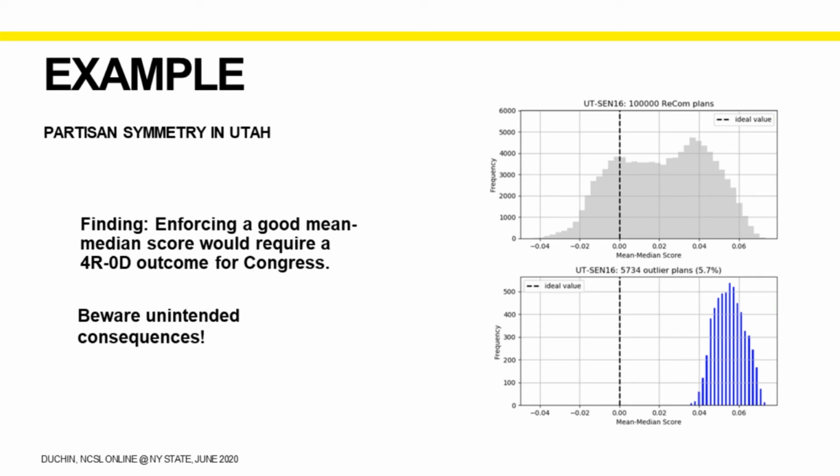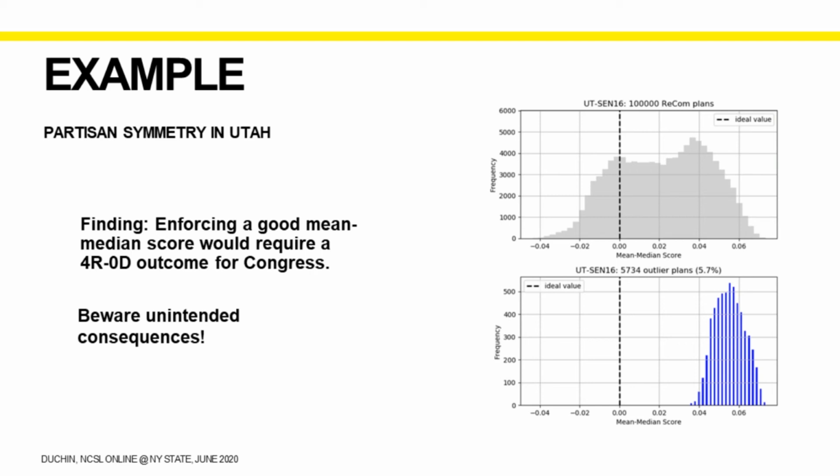Last example: Utah just passed a reform requiring partisan symmetry be considered. And you can ask yourself whether that would fit well with the situation on the ground in Utah. And actually, it turns out that that's kind of booby-trapped, because if you enforce a good mean-median score in Utah, it turns out this would lock in a floor to Republican outcomes in Congress.